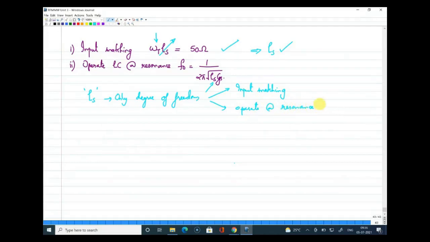So I have only one degree of freedom and two conditions to satisfy, which is not possible. What should be done at this point to come out of this difficulty? We have two conditions to be satisfied and only one degree of freedom. That means we have to have one more degree of freedom, right? So we need to add another degree of freedom.